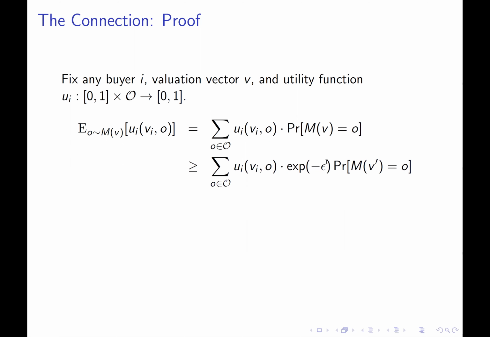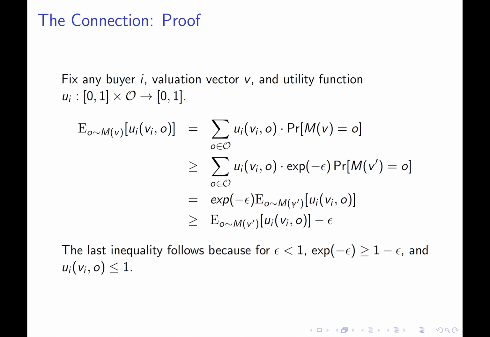Okay, so we can compare the probability that outcome o occurs when the bidder tells the truth with the probability that the same outcome o occurs when he lies. And these two terms are similar to one another within this e to the minus epsilon factor, which remember is roughly 1 minus epsilon. And we can just bring this e to the minus epsilon factor outside and observe that what we have left is just player i's expected utility over the randomness of the outcomes that are chosen if he lies.